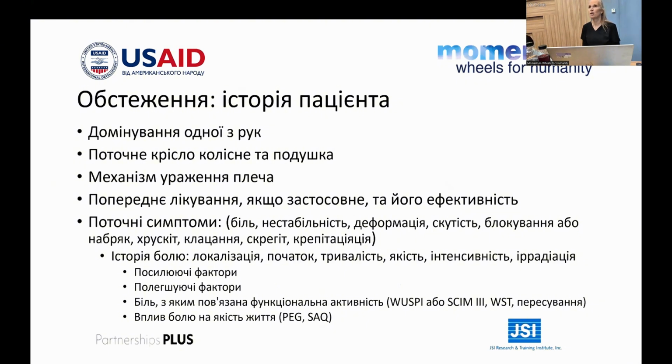And have they noticed a change in their shoulder pain due to a change in the system of their seating system? І якщо були якісь зміни в положенні на кріслі колісному, то чи помітив пацієнт, що це якось вплинуло на біль в плечі? Sometimes patients get new seating systems or their seating systems are older, or they change cushions and that changes the seat height and the seat back and that can have an impact.